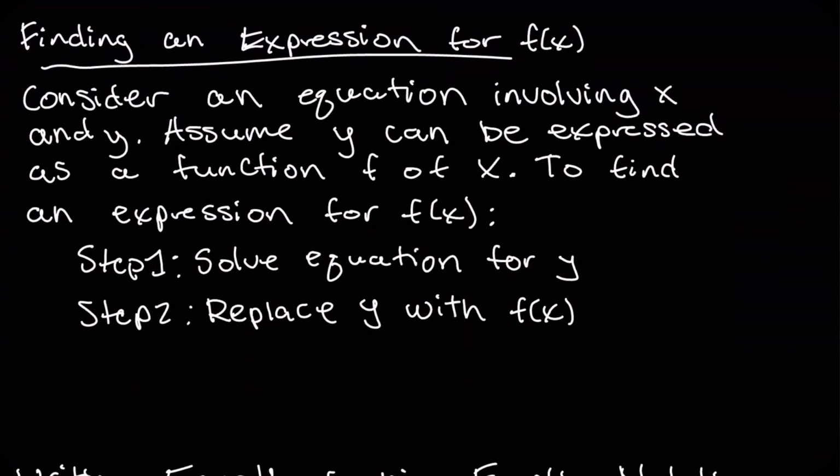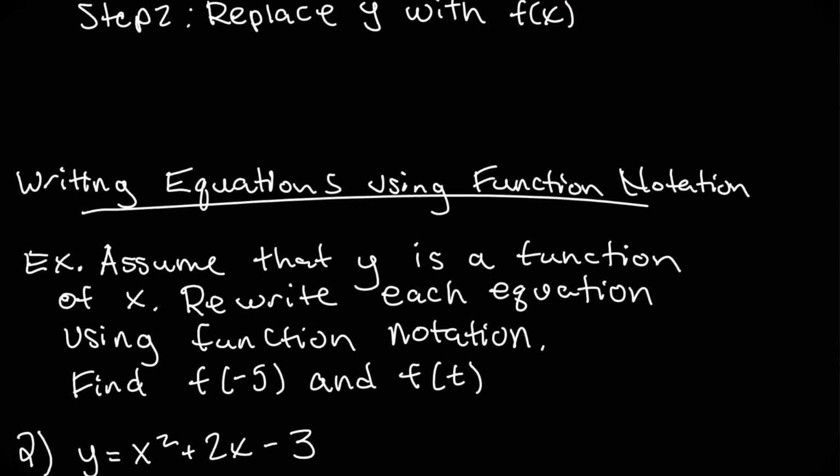Now we'll look at finding an expression for f of x. Consider an equation involving x and y, and assume y can also be expressed as a function f of x. So to find this, we have 2 steps. Our first one is to solve for y, and then once we've solved for y, we want to replace y with f of x.